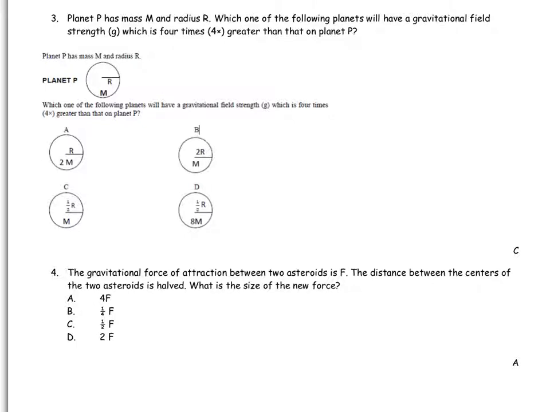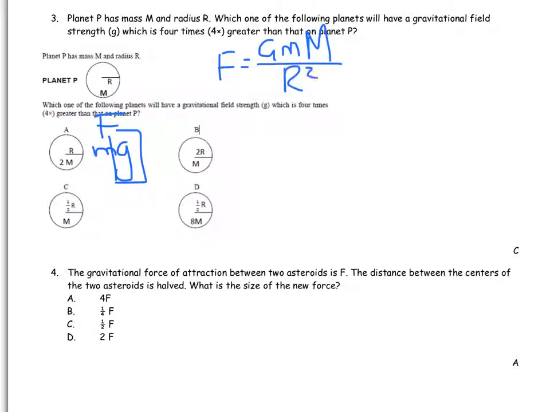Now remember what g is. It's just F over m. So in other words, it is the force. So we want the force to be 4 times greater. So the force is equal to G, m of the little object, big M of the planet, over radius of the planet squared.